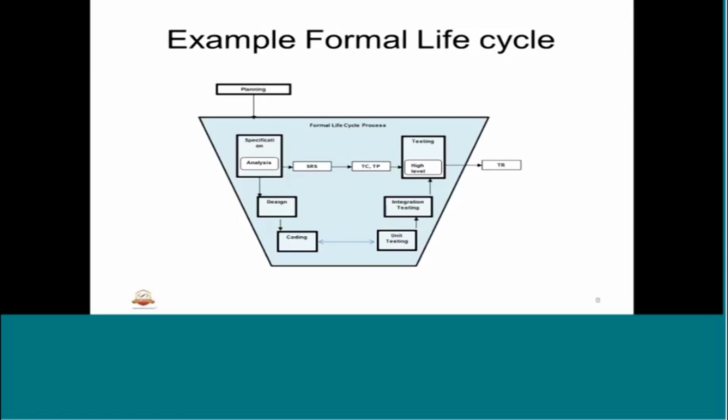Why? Because on the left hand side we have finalized requirements or specification, then we have a design next to that, then we have coding, then in parallel to that the various aspects of testing are carried out. For specification it is high level testing, for design it is integration, for coding it is code or unit testing. So that's why it is called V model.